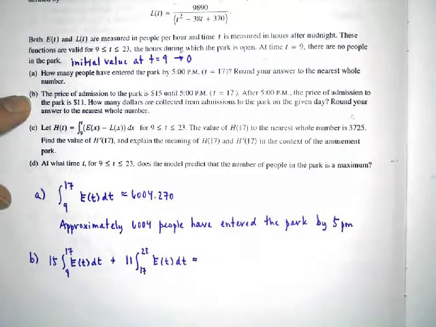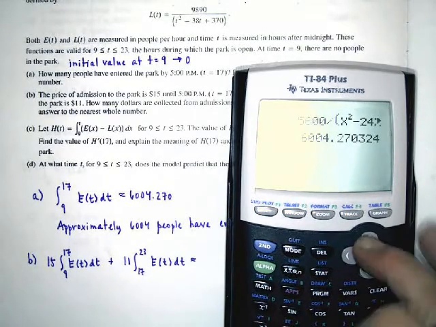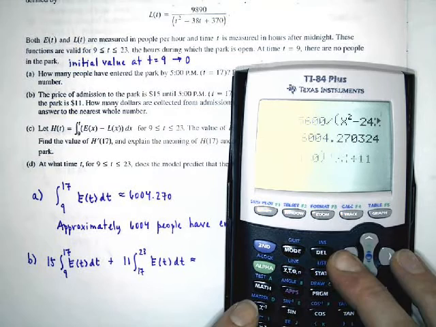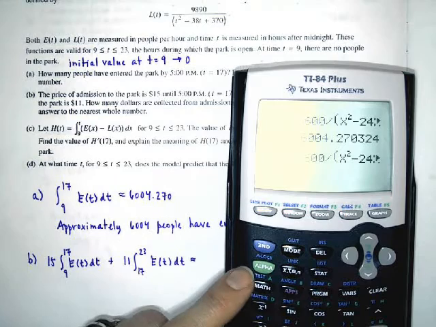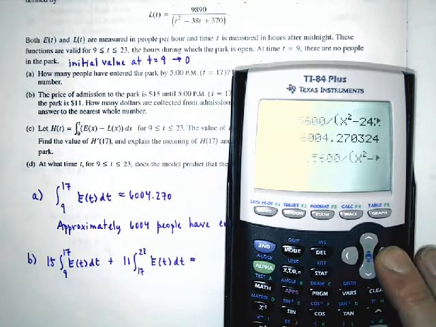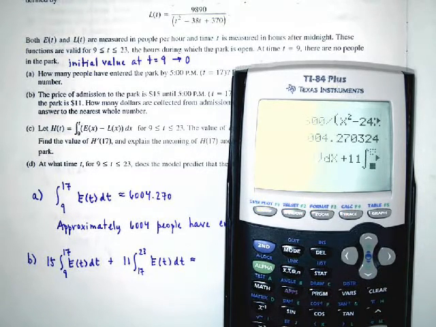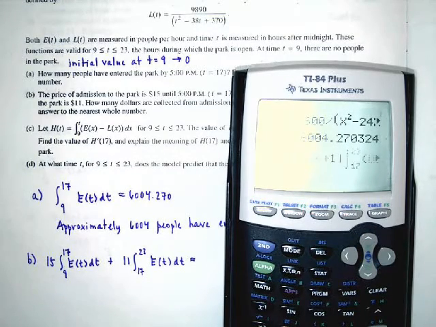So again, we'll go back to our calculator. I've got two integrals now. So 9 to 17. Being careful about how I enter this function. And then I'm going to add 11 times, did I multiply that by 15? Nope, I did not. I need to go back and multiply this. So insert. There we go. So now I've got 15 times the integral plus 11 times the integral from 17 to 23 of the same function.